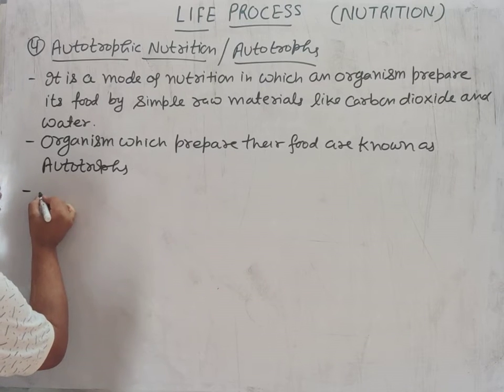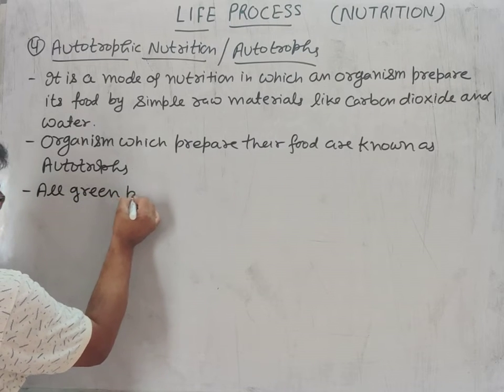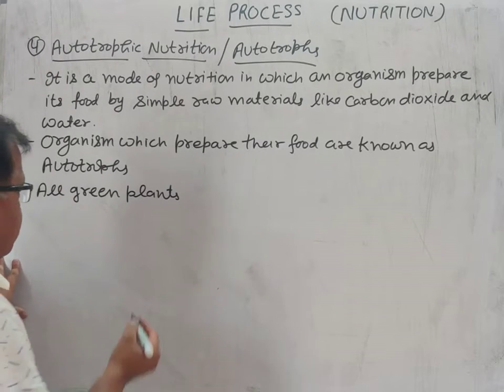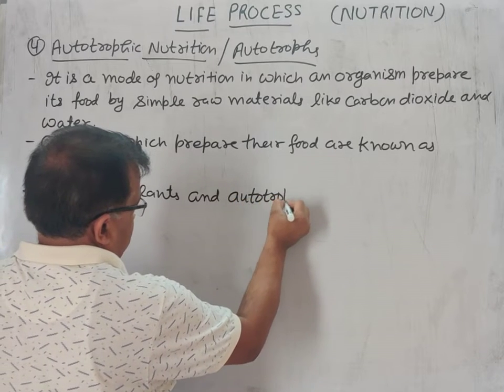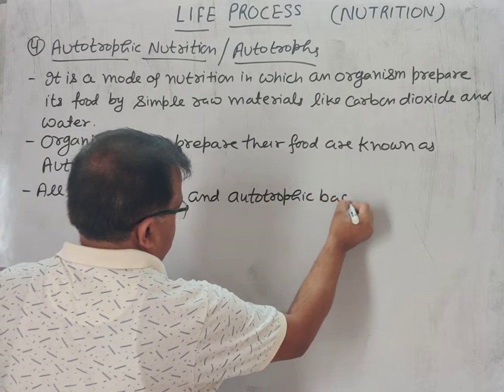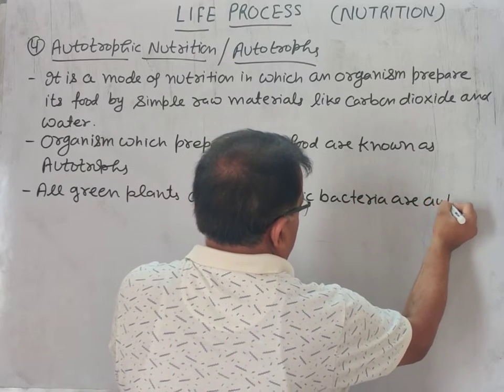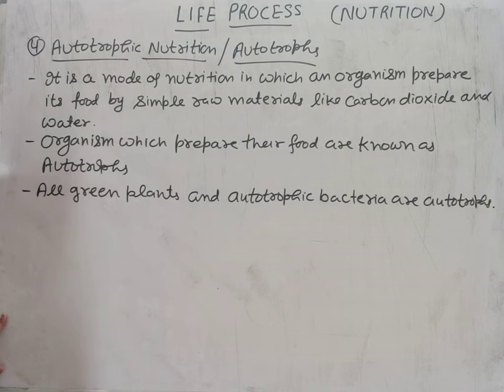We know that all green plants and some bacteria known as autotrophic bacteria are autotrophs. So as I told, green plant and some bacteria are autotrophs. They prepare their food themselves by raw material.